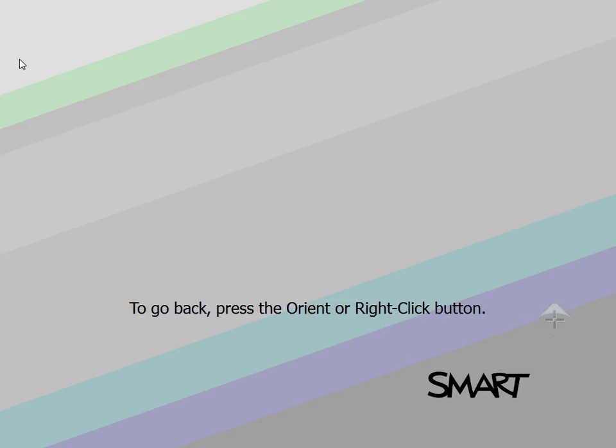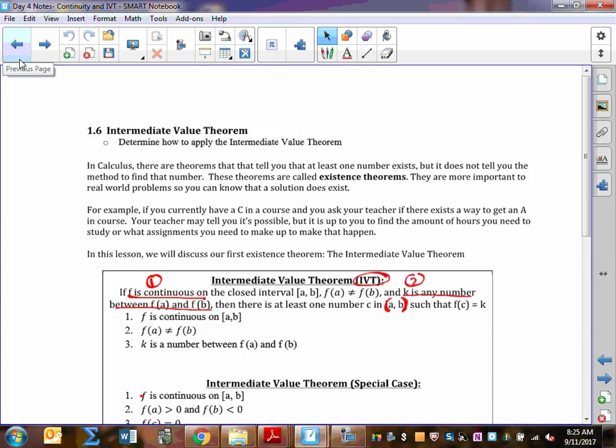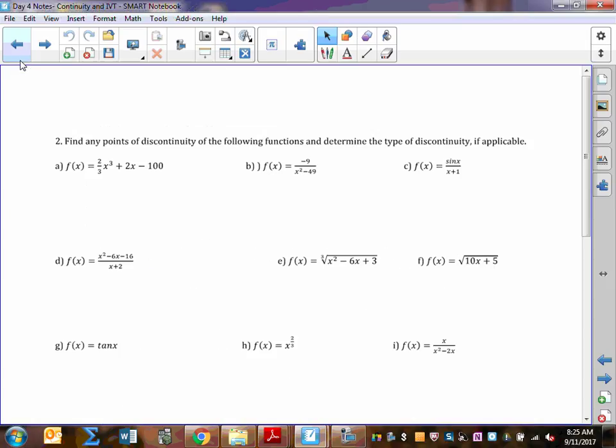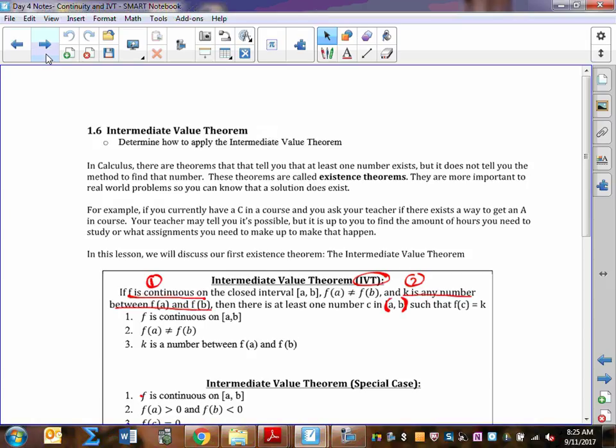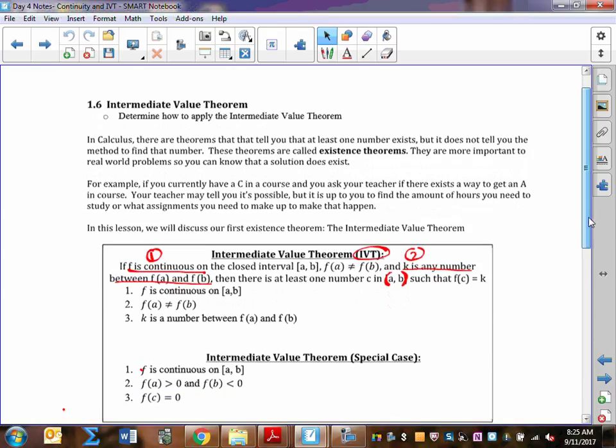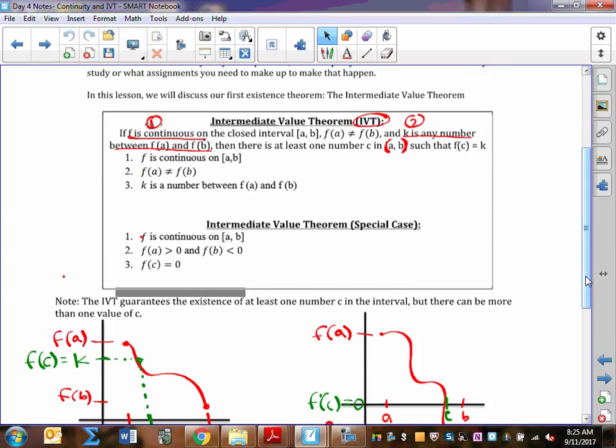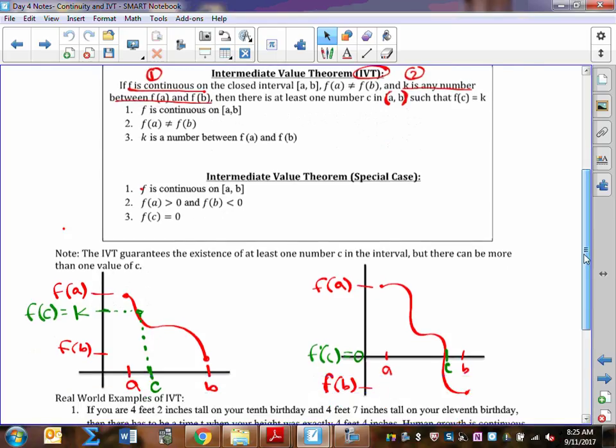We have to have that the y values of our endpoints are different, and the y value that we're investigating needs to be between the y values of our endpoints. If those conditions hold true, then we can say that there is some x value within my interval where the y value associated with it is that y value we were considering.